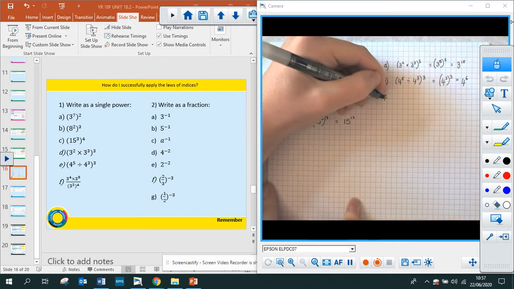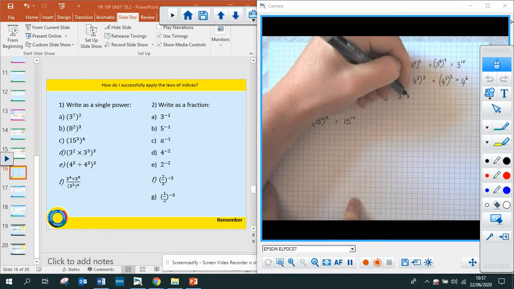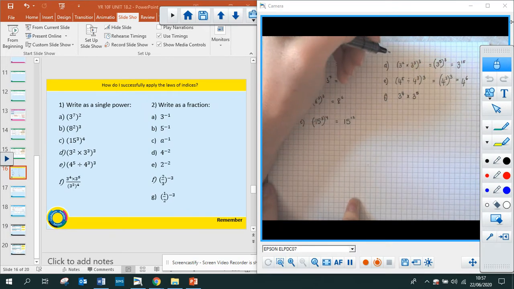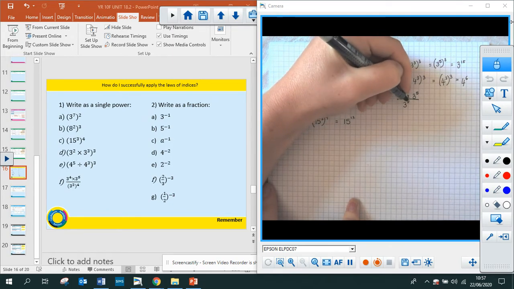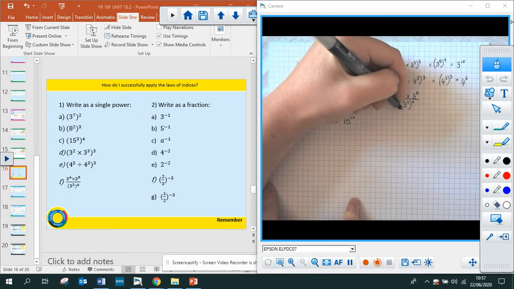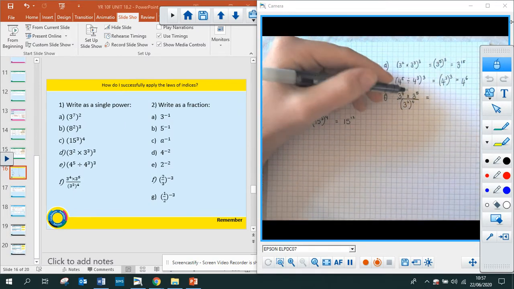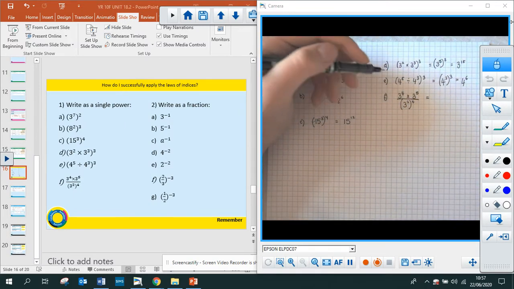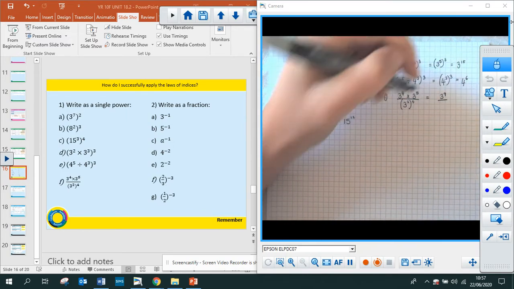Part F, we have 3 to the power of 4 multiplied by 3 to the power of 5 all over 3 squared to the power of 4, okay? Deal with the numerator first. We're multiplying, so we add our indices. 4 plus 5 is 9, so that leaves us with 3 to the power of 9 on top.